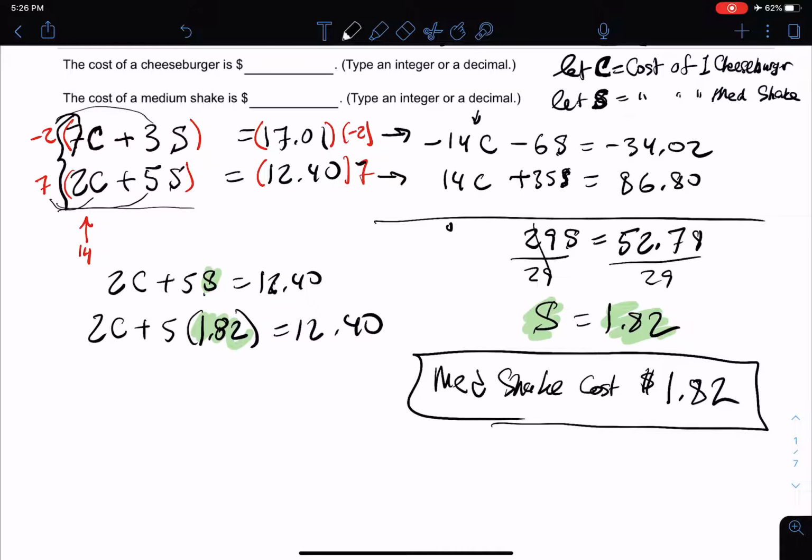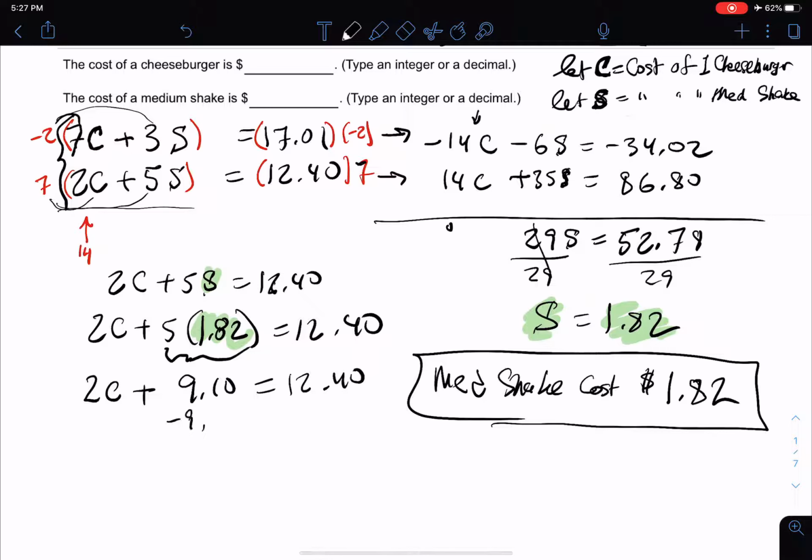So now we multiply: we've got 2c, and 5 times $1.82 gives me $9.10. I'm going to double check that real fast: 5 times $1.82 gives us $9.10. Okay, and then that equals 12.40.